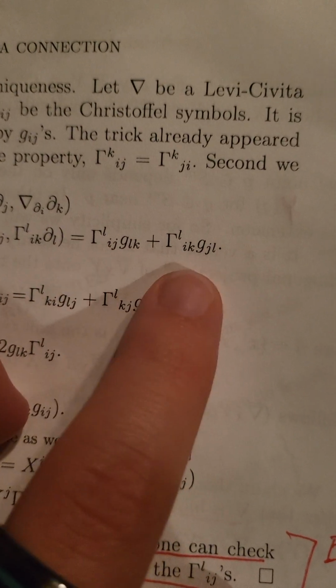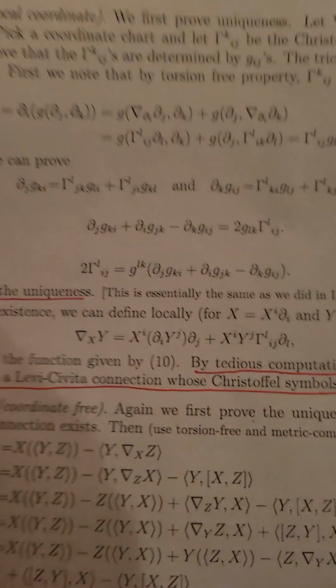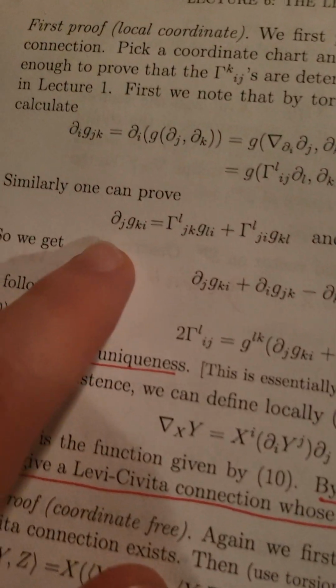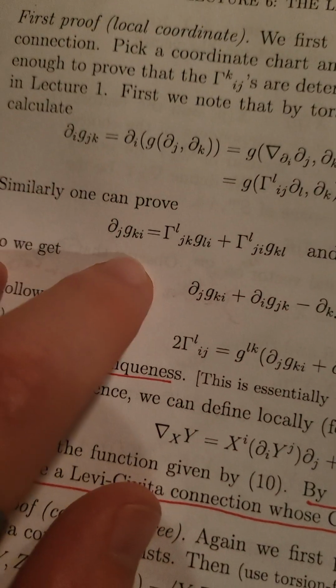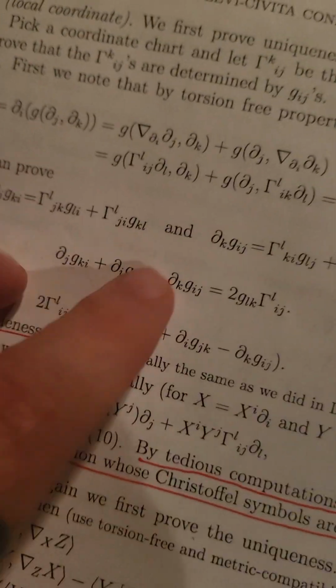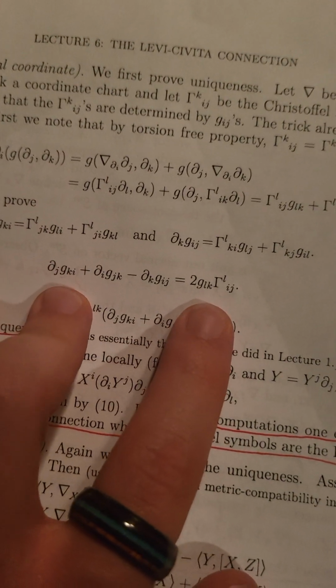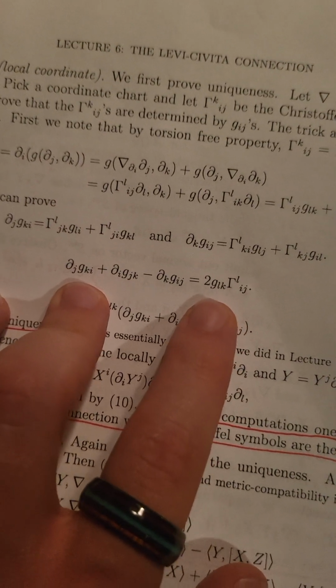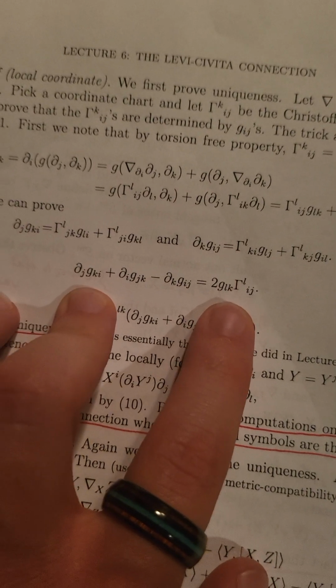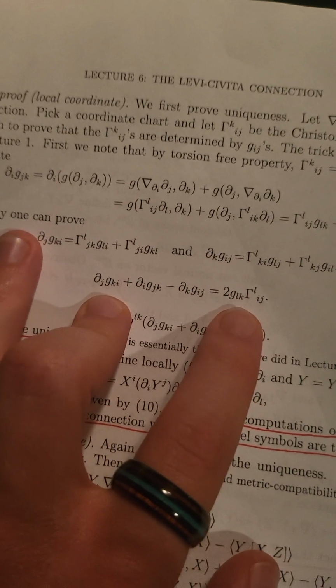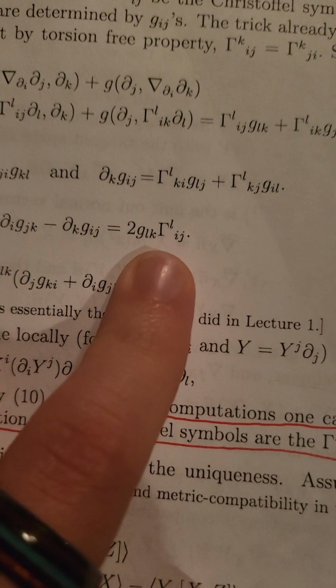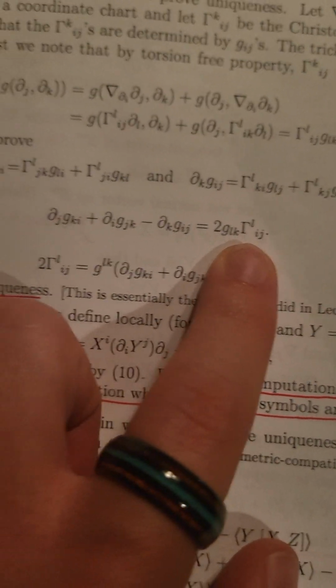Now we do that similarly, shuffling the indices around in an appropriate way. We permute the indices, and then we get this formula, which we can use to cancel out all the Christoffel symbols except for the specific Γ^L_{ij}.